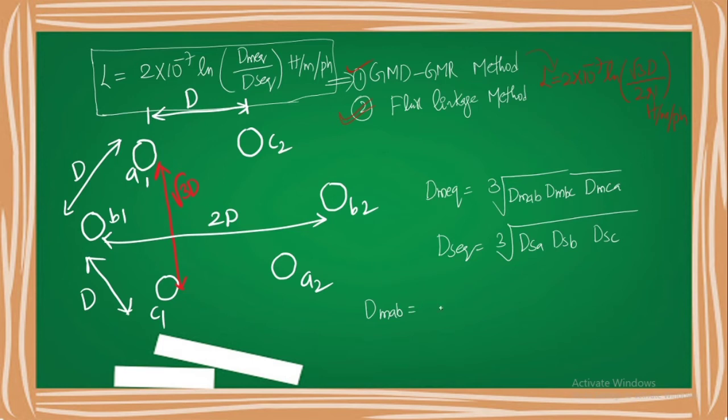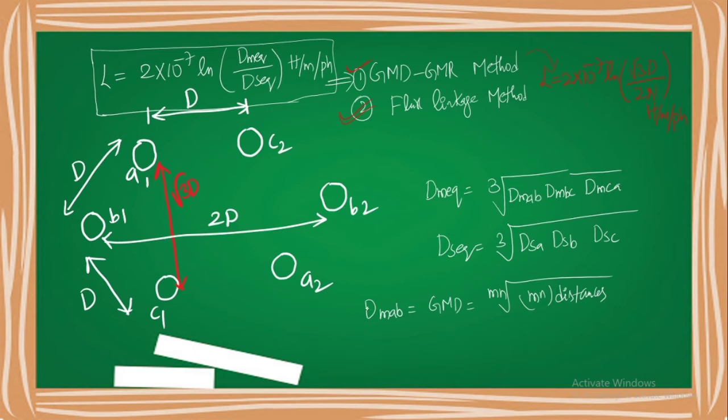GMD is nothing but the mnth root of mn distances. Please recall the concept of GMD and GMR. I am using that concept here again. If one side has n number of conductors and another side has m number of conductors, the GMD can be determined by taking the mnth root of mn distances.